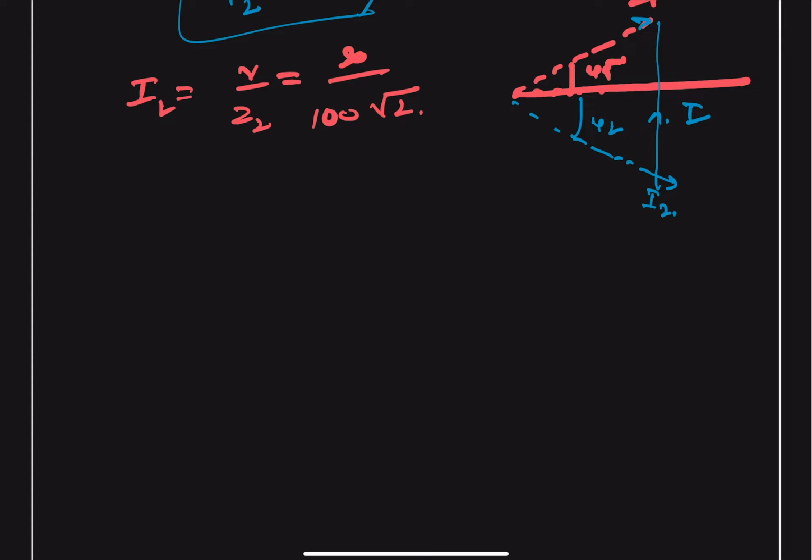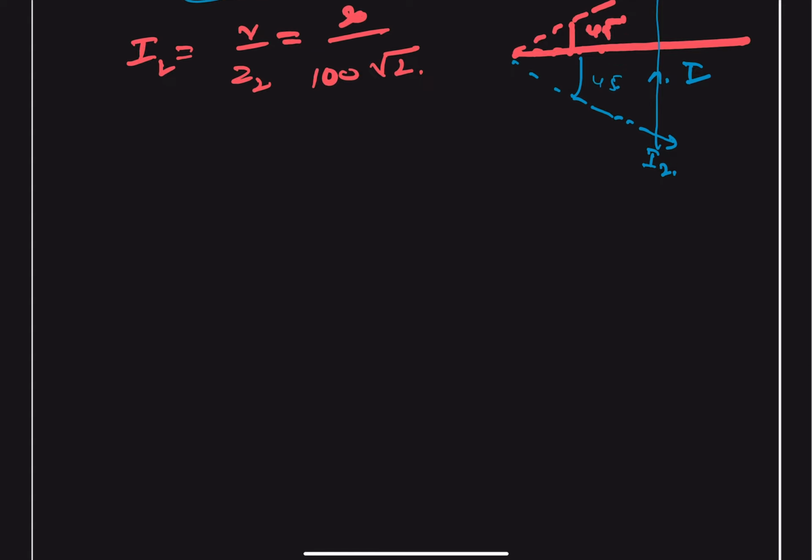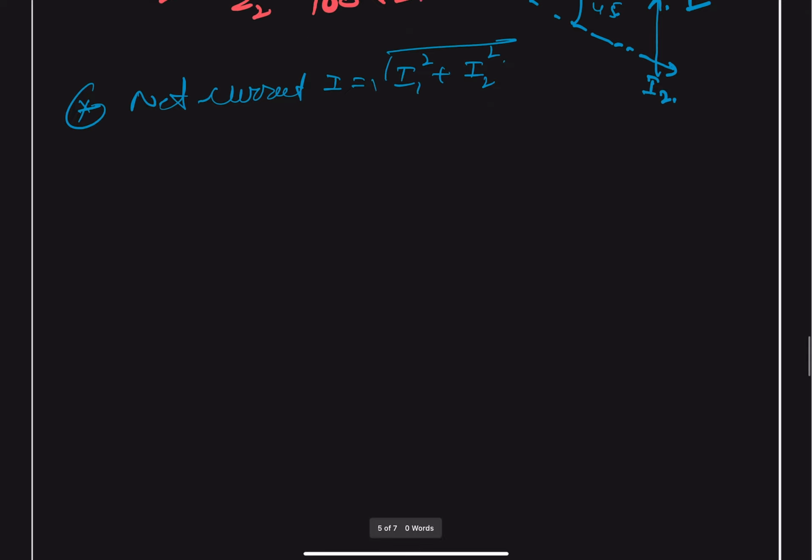So this angle was 45. Therefore, we can say that net current I will be equal to the square root of I1 square plus I2 square.